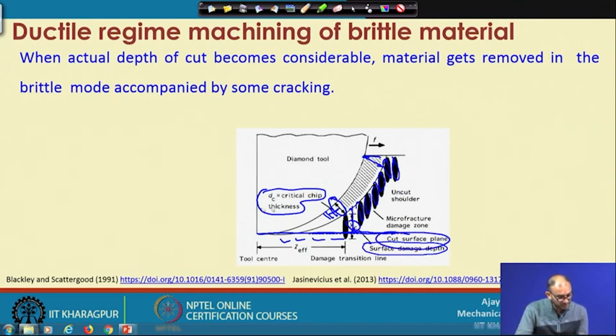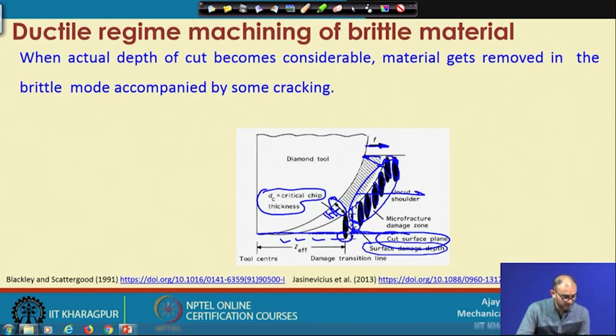Then you continue machining, because whatever is generated here will be removed in a subsequent feed. The feed is in this direction, so anything generated ahead of the tool will be removed in the machining. But if anything penetrates the cut surface plane, then it cannot be removed. This will be a permanent defect on the workpiece surface.